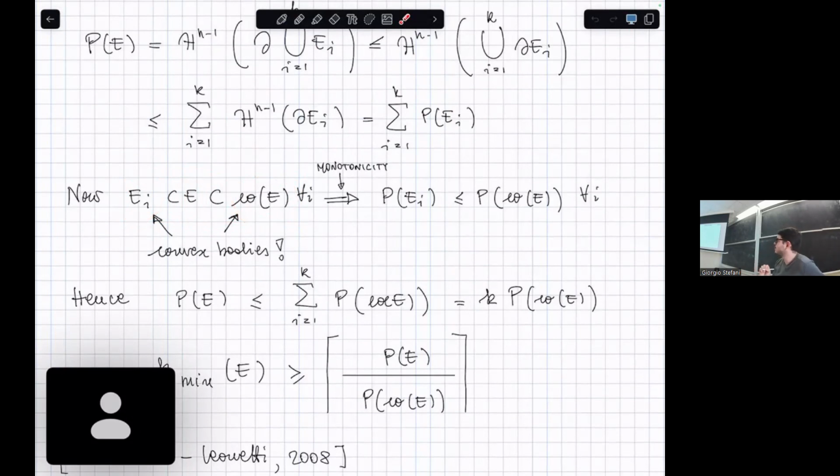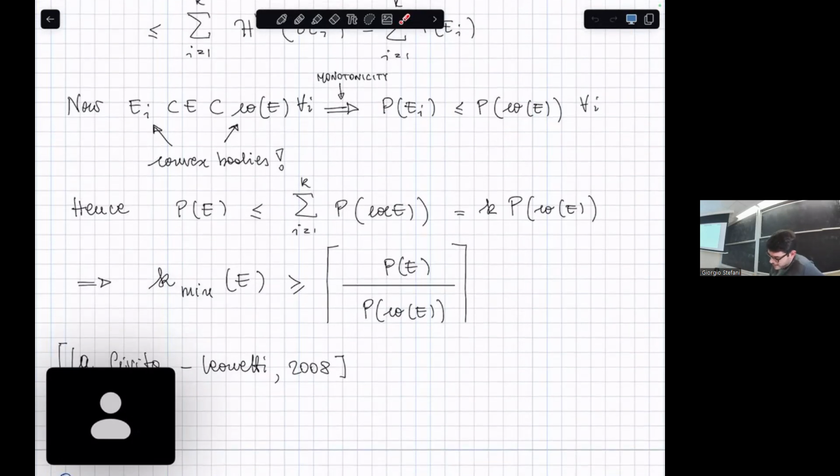So by monotonicity of the perimeter, the perimeter of E_i is less or equal than the perimeter of the convex hull of E. And this does not depend on i. So I have K times the perimeter of the convex hull.